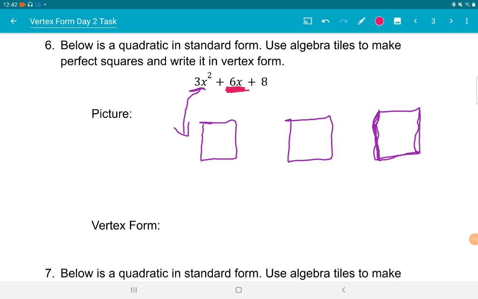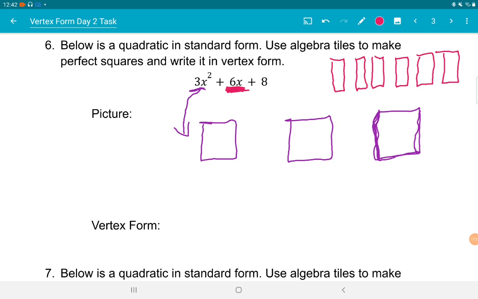So that means I've got 6 of these long skinny ones. So 1, 2, 3, 4, 5, 6 of the long skinny ones that I've got to place between these 3 squares and get 3 perfect squares, okay?